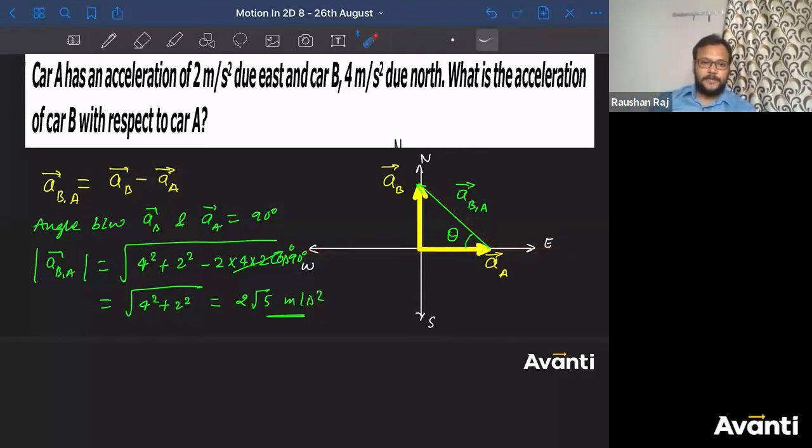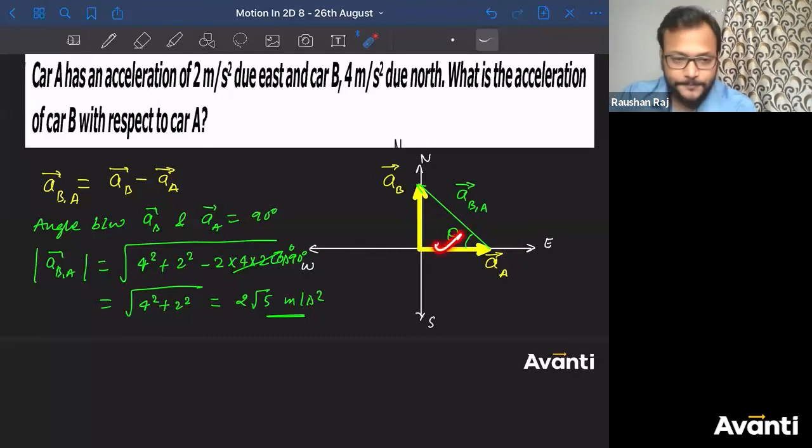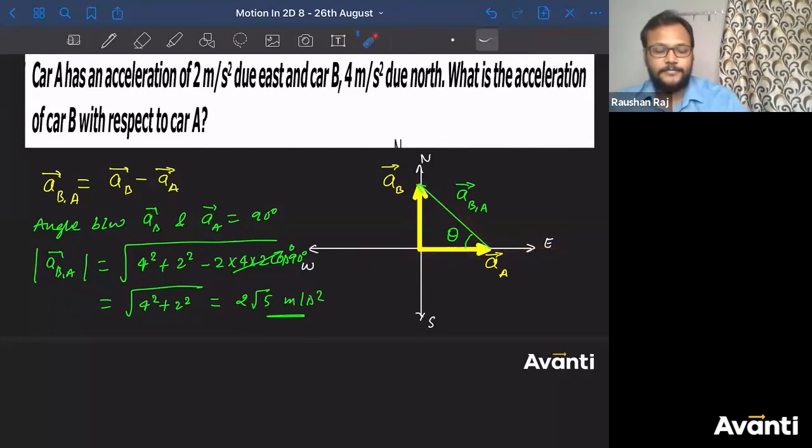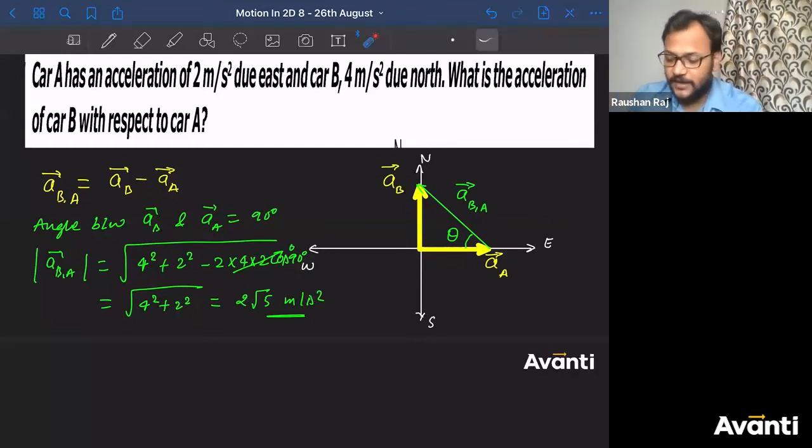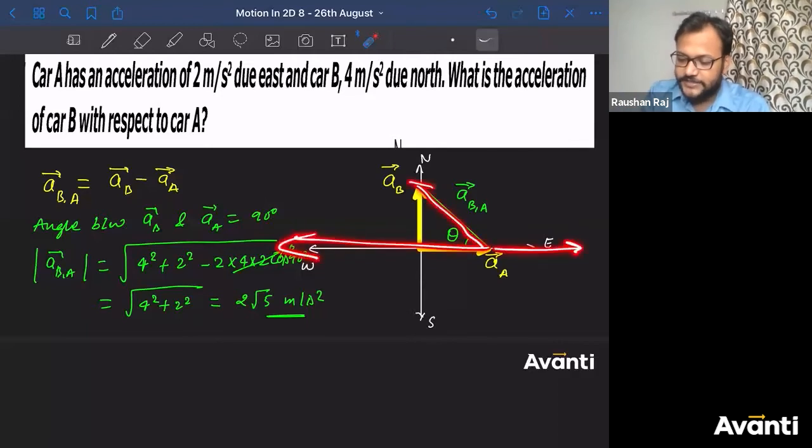Tell me. Guys, you have to answer this. It's simple. It's west, right? Yes, west direction. This is east direction. So the angle made by AB minus A with west is theta.